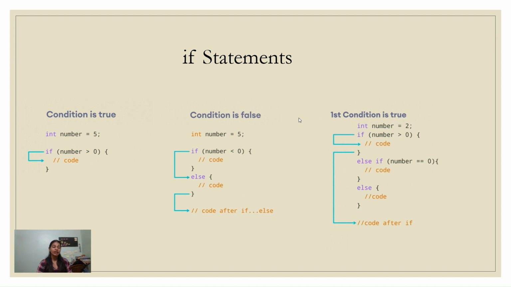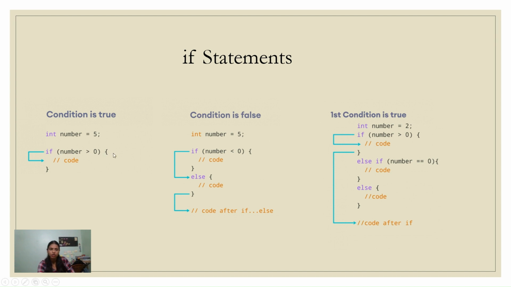Here you can see, firstly, we have a variable storing the integer number 5. In that, if is a statement, actually a keyword. It is followed by parentheses. The point to be noted here is that if is not a method, because whenever we write parentheses, we usually consider that a method or a function.